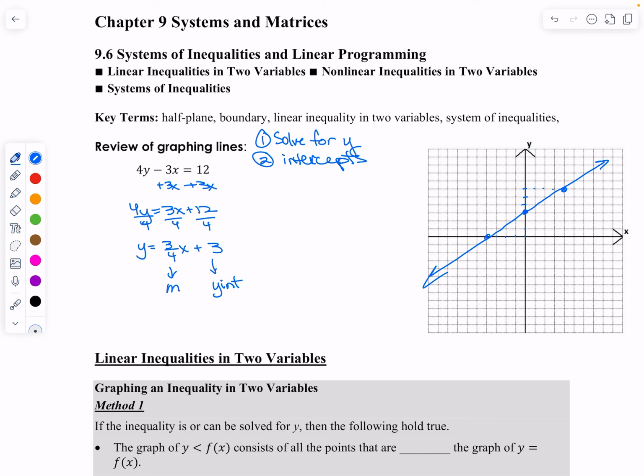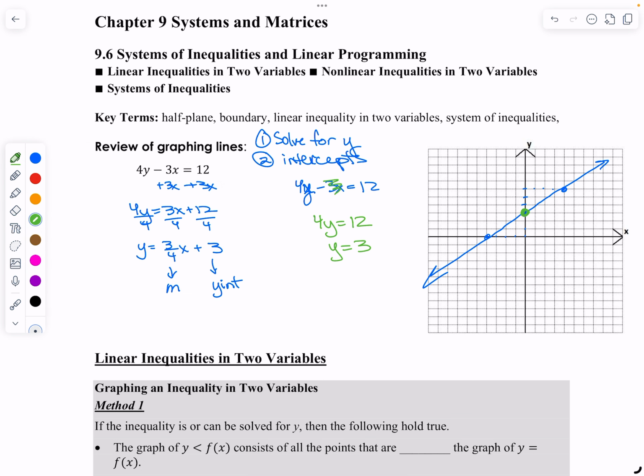Okay, now with the intercepts, remember all you're going to do is take each one. If I wanted to solve for y, find the y-intercept, I'm basically going to just cover up my x. And I would have 4y equals 12 left. And that gives me y equals 3, my y-intercept. And notice that's where it is. Let's do that again. Right there.